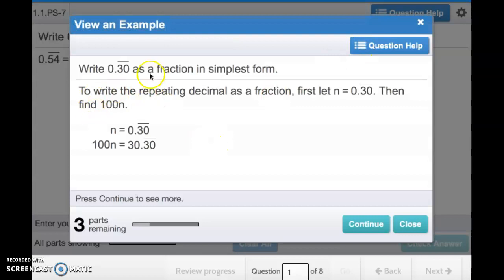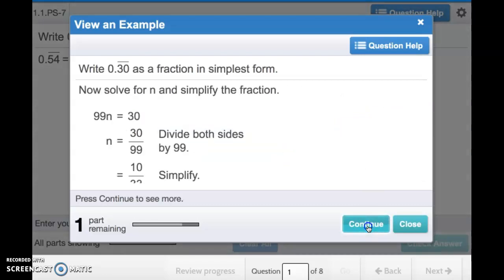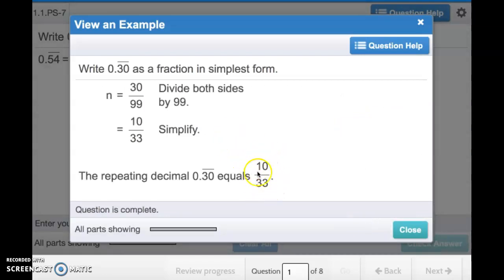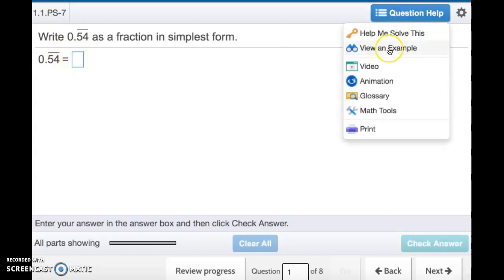If you click on view an example, it gives you a sample problem that's exactly like the one that you're working. It also shows you how to work it out. As you click continue and go through the steps, at the very end, it will also show you the way that it wants you to answer the question. By looking at the sample question, we know that it wants the answer in fraction form. So when we go back to answer the question, after we click close, we can work this out and we know that this answer should be in fraction form just like it was in the sample question.